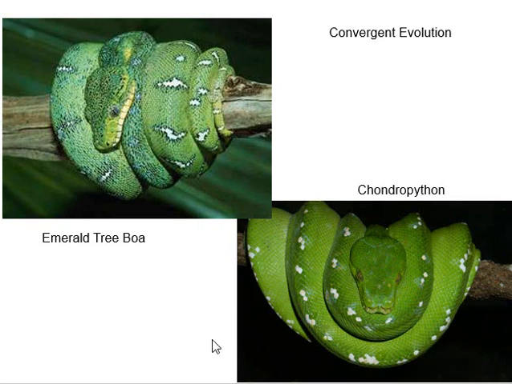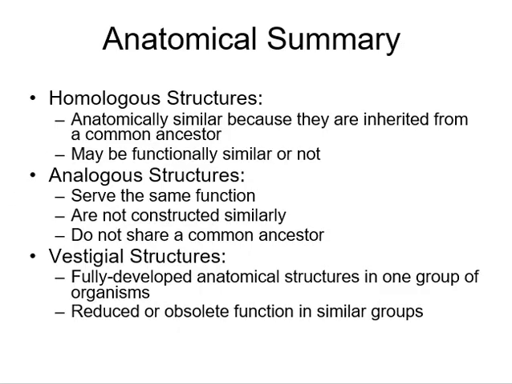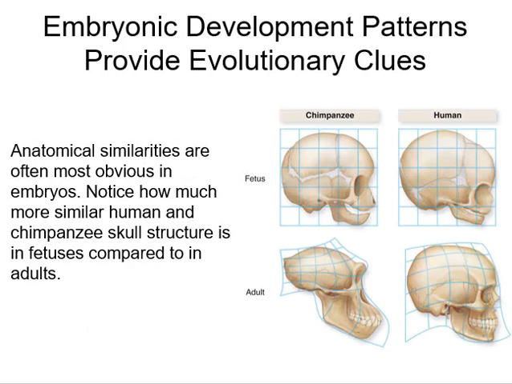They both evolved separately because they both adapted to similar environments. Summary. Homologous structures, basically they're similar because they're inherited from a common ancestor. Analogous structures serve the same function, but they don't share a common ancestor. Vestigial are reduced or obsolete function in similar groups.